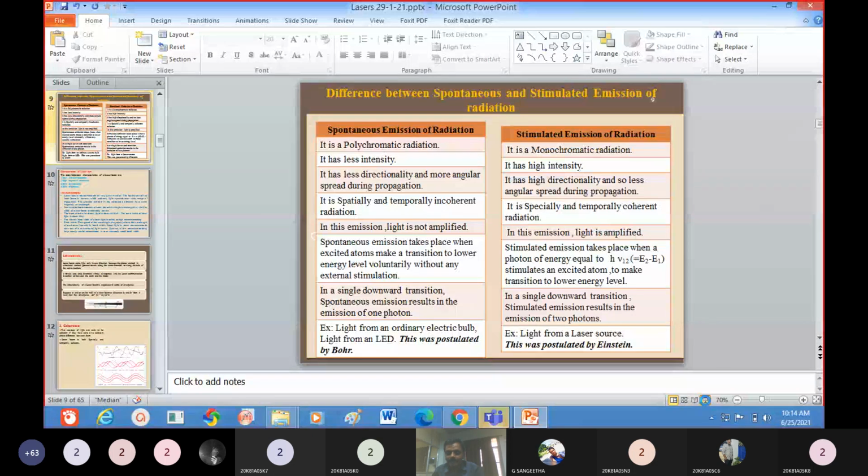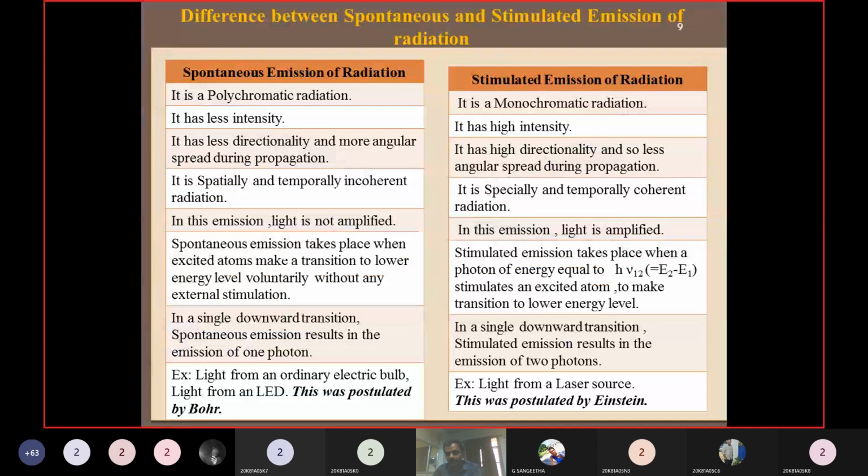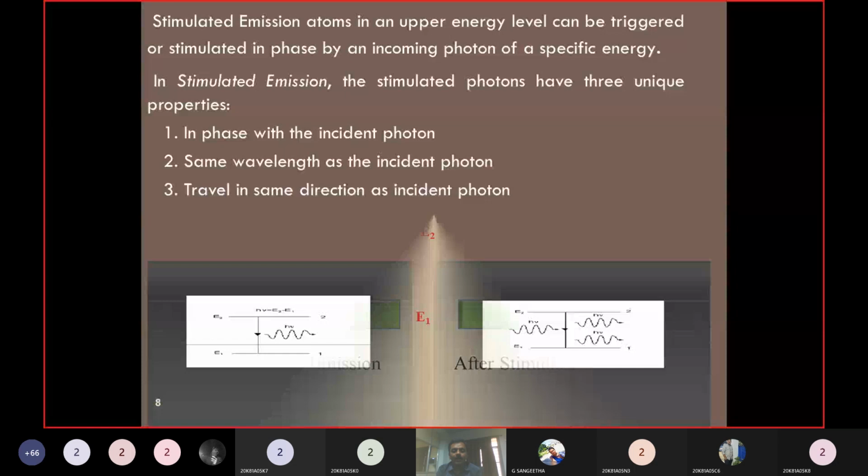So yesterday we discussed the interaction of matter with radiation. Radiation interacts with matter in two different ways: the first one is absorption, the second one is emission. The absorption process we also call stimulated absorption.